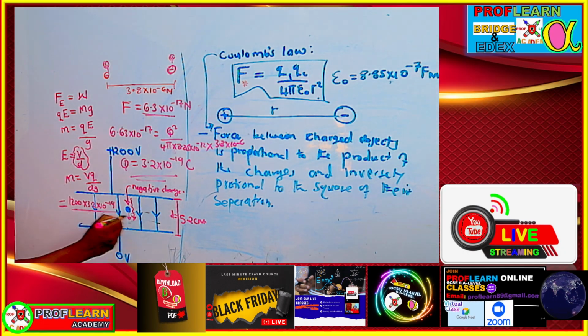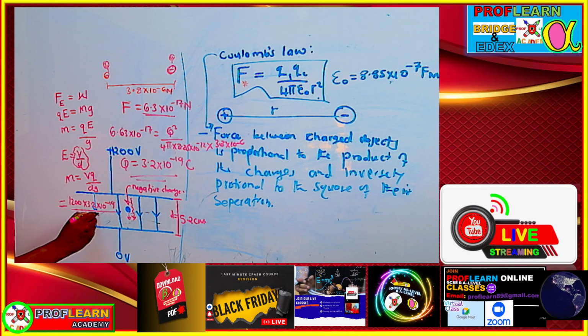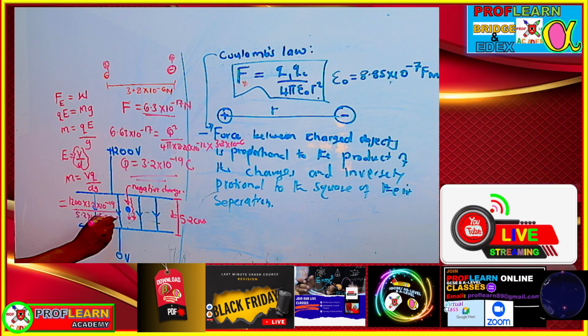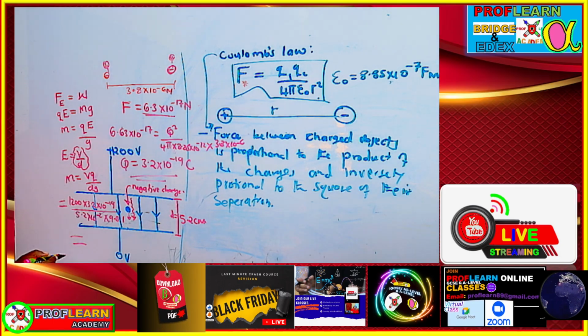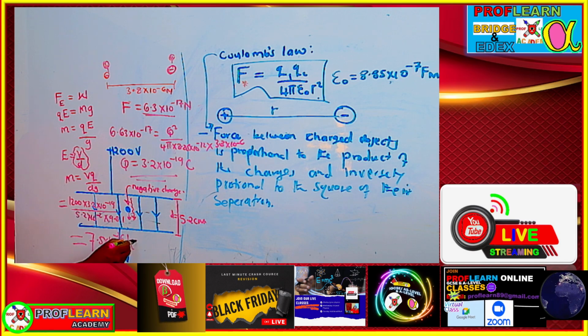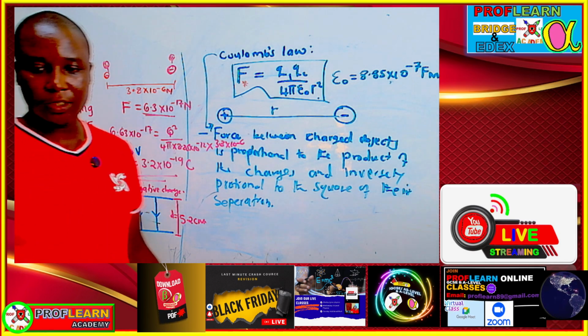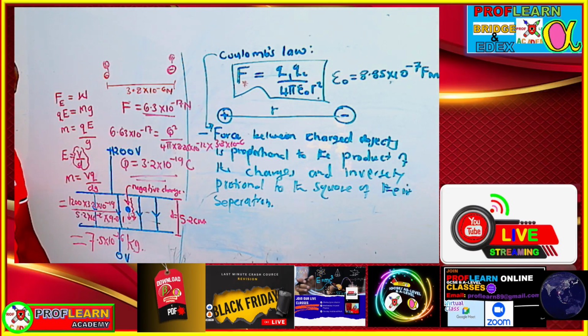Distance is 5.2 times 10 raised to power negative 2 times 9.81, and if you work this out, you are going to get your answer: 7.5 times 10 raised to power negative 16 kilograms. And this becomes the answer in this particular case.